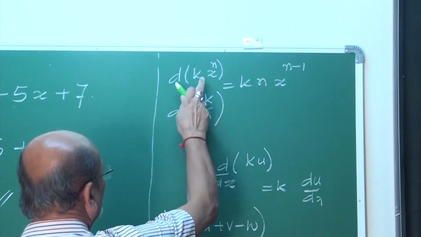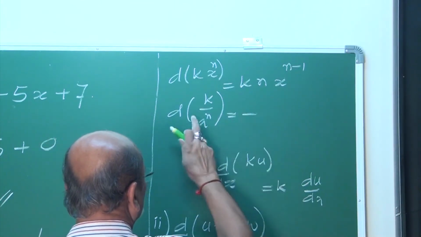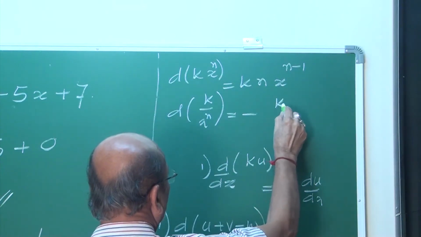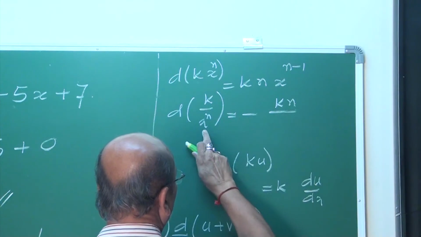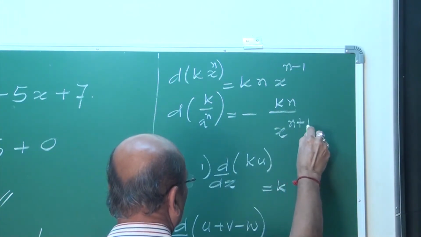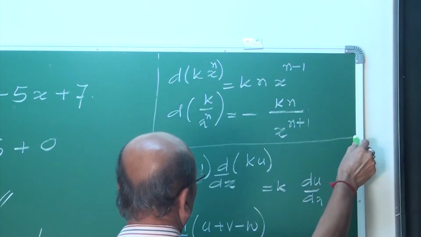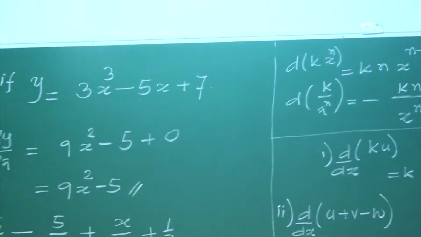This is in the numerator, this is in the denominator. Denominator means sign changes, plus becomes minus. Once again, product k into n, product of these two. When it is in the denominator, always it is 1 more, plus 1. Apply it.